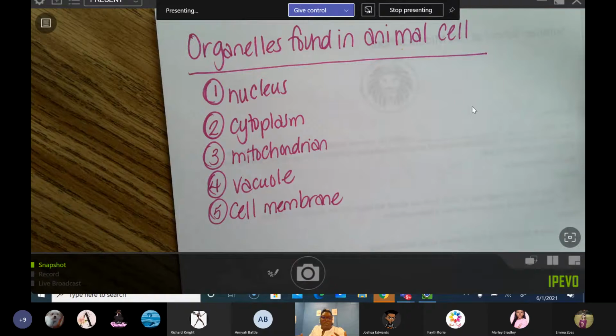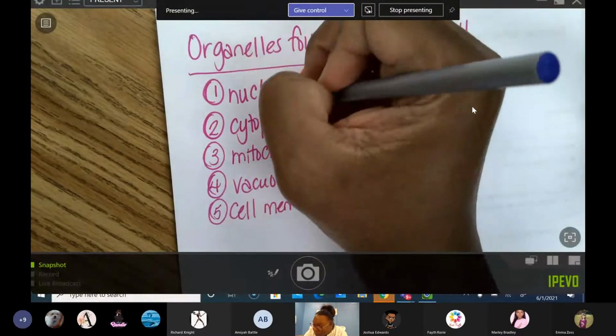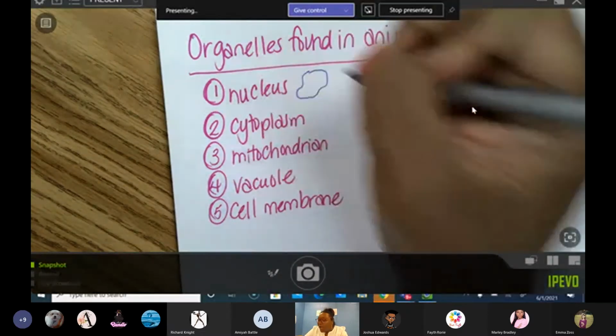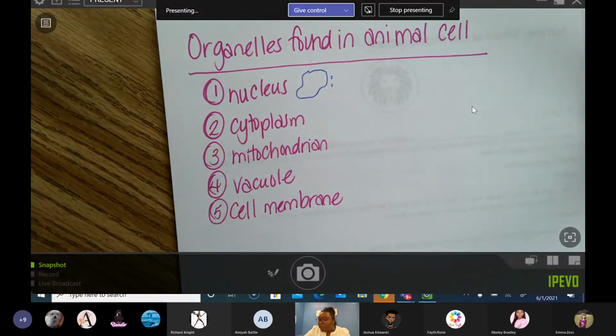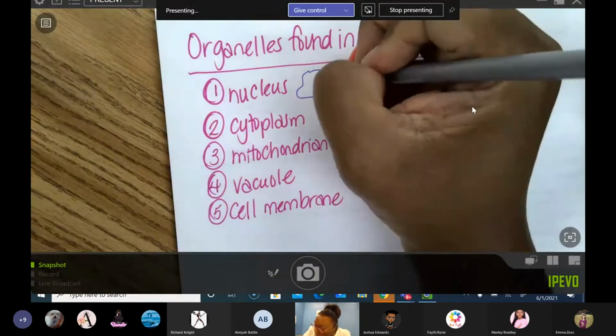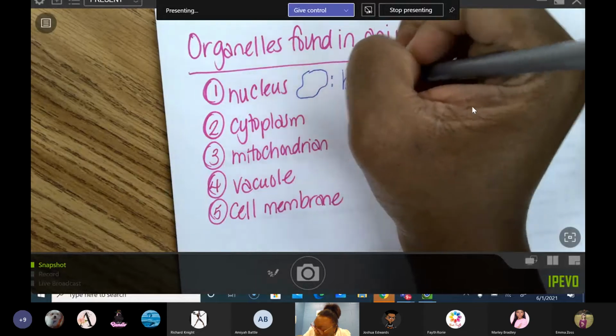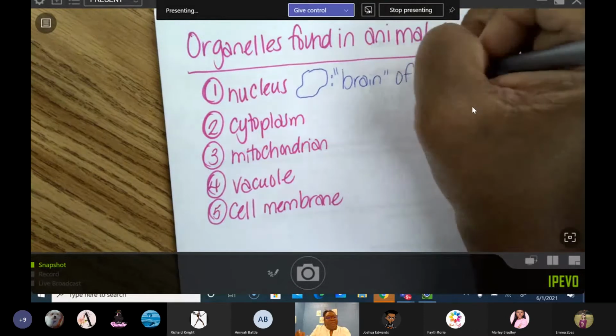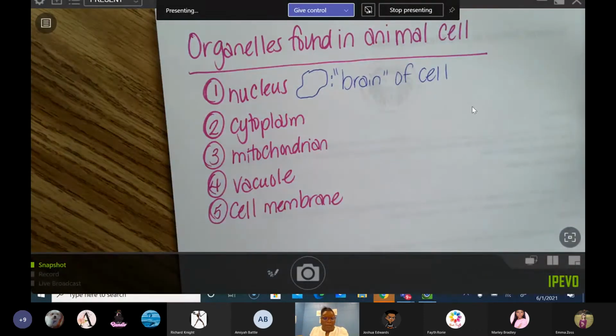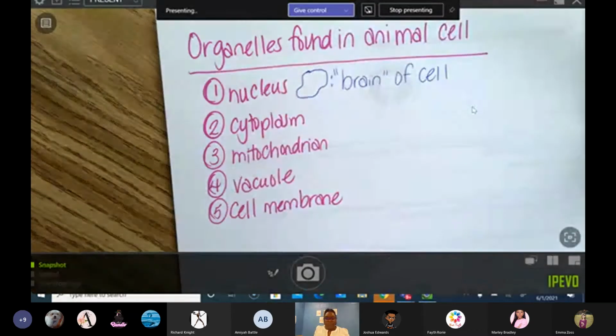So let's discuss what the job of each of these structures are. We want to remind ourselves that that nucleus is what we drew blue, okay? And the job of the nucleus, it's the control center or the brain of our cell. It makes sure that all of the other organelles are successfully doing their jobs.